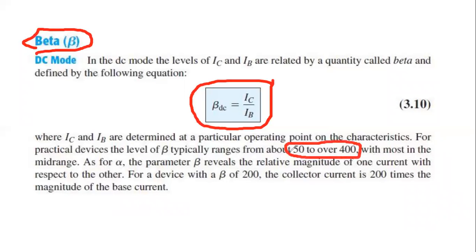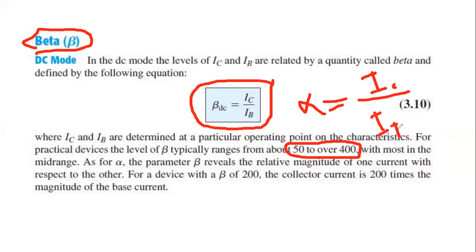It depends on the doping. If the doping is high, then this beta is also bigger. So remember this equation for beta, and also one more equation we said, alpha. Alpha is the output current by the input current. The output current is IC divided by IE.